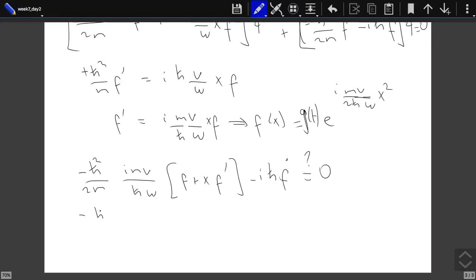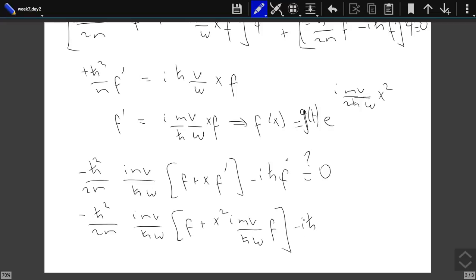Minus h bar squared over 2m, i mv over h bar omega times f plus x. Well, f prime is i mv over h bar omega x times f. Now let's see this plus minus i h bar. Well, f dot is g dot times f over g. I don't want to write all of f.